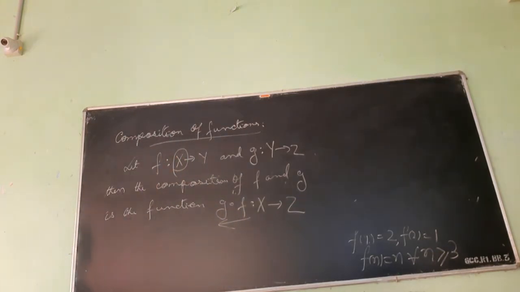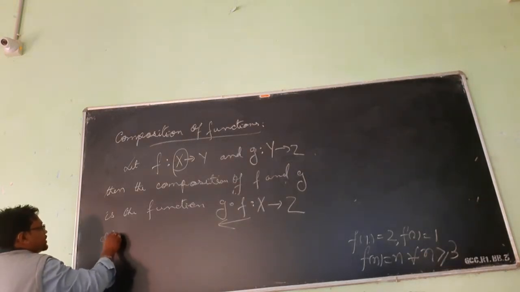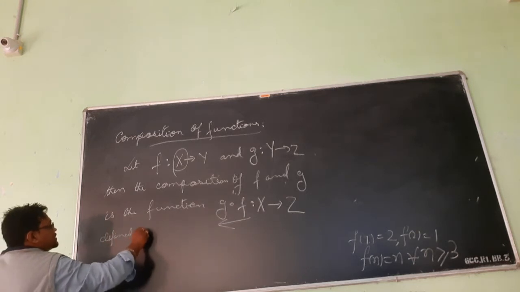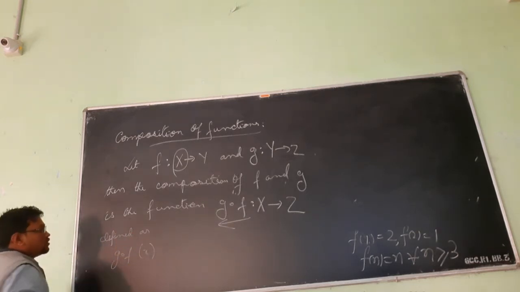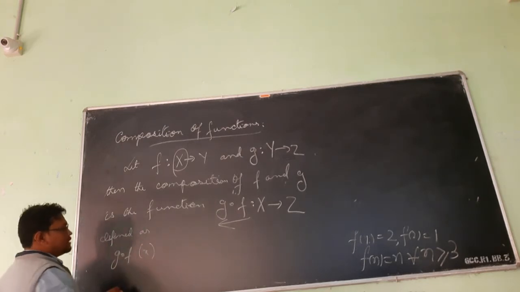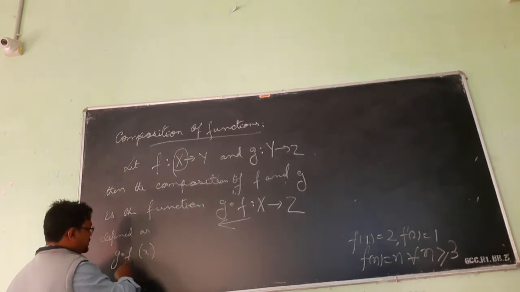So the function GOF from X to Z is defined as (GOF)(x) equals g(f(x)). What happens to a particular element of X under this function?